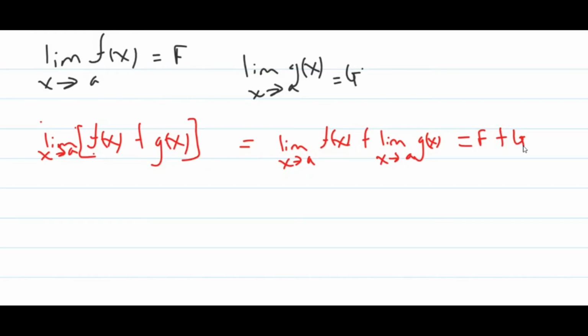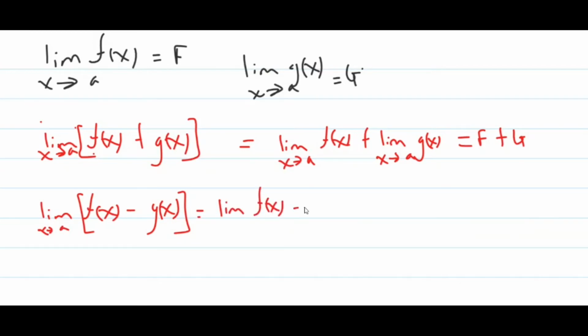If I'm subtracting two limits, the limit of f of x minus g of x as x approaches the point A, it is the limit of f of x minus the limit of g of x, and both are approaching the same point A.